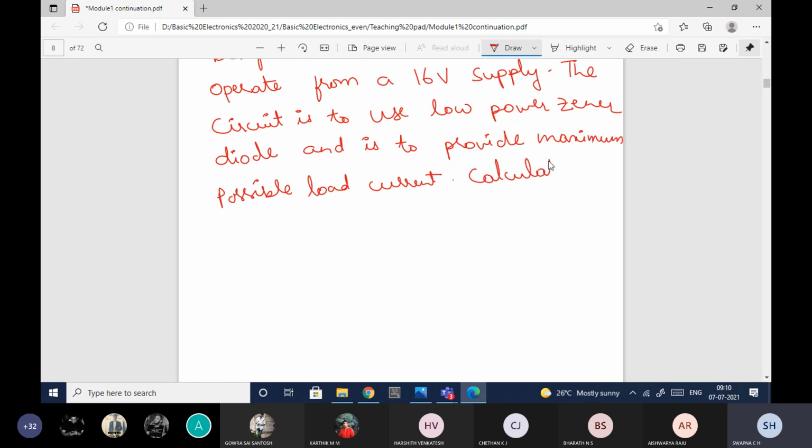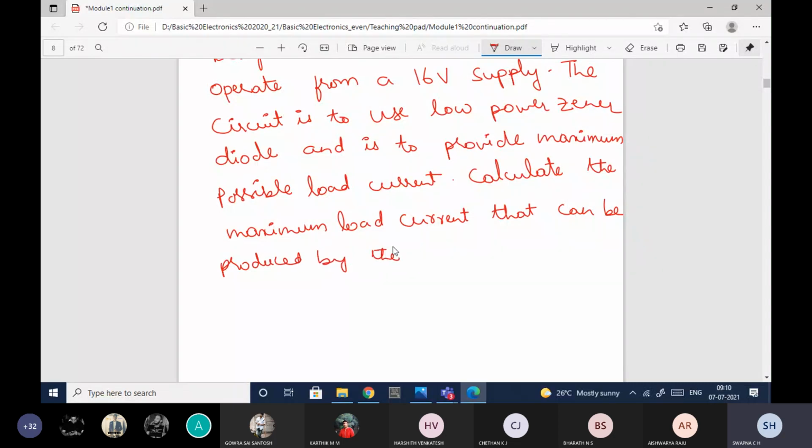Calculate the maximum load current that can be produced by the circuit when IZK is equal to 5 milliamperes.